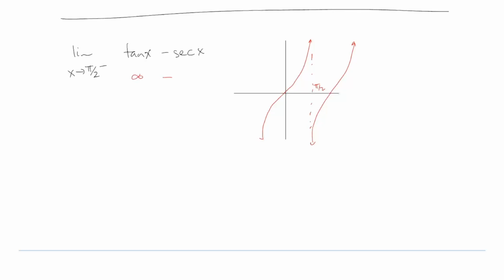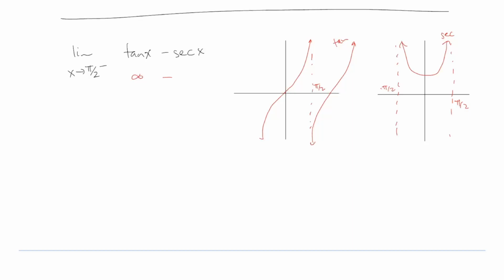What about secant of x? Probably nobody remembers the graph of secant, but I will refresh your memory. The graph of secant has an asymptote at pi over 2 also, and it looks like this. Secant is 1 over cosine, and cosine is 0 at pi over 2 and negative pi over 2. So this is tan, this is secant. I don't expect you to remember those graphs.